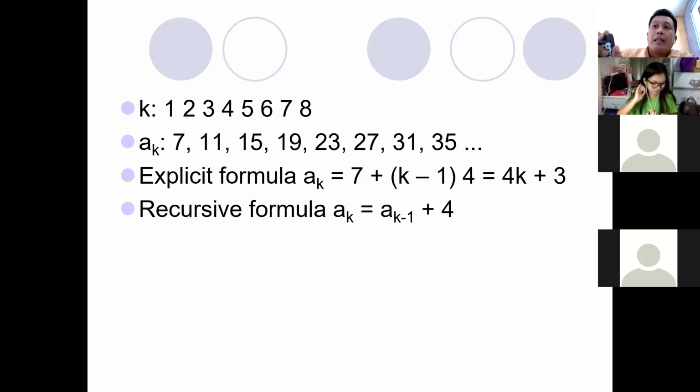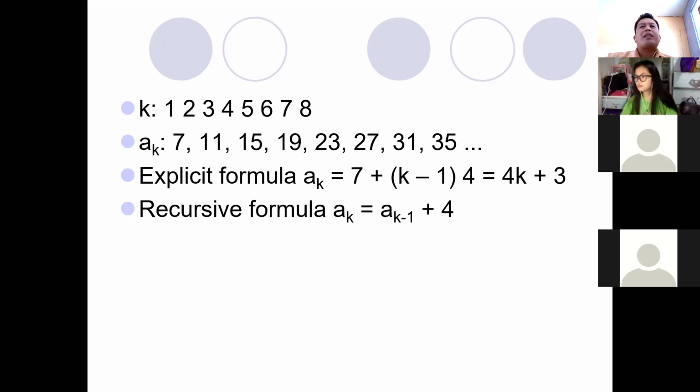Question? In my understanding of an arithmetic sequence, I look at it as a common number to be added to the previous term to get the next number. So there's a pattern there.